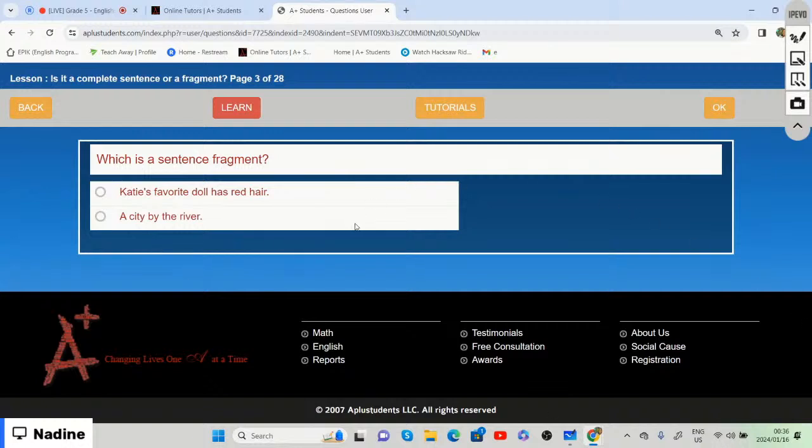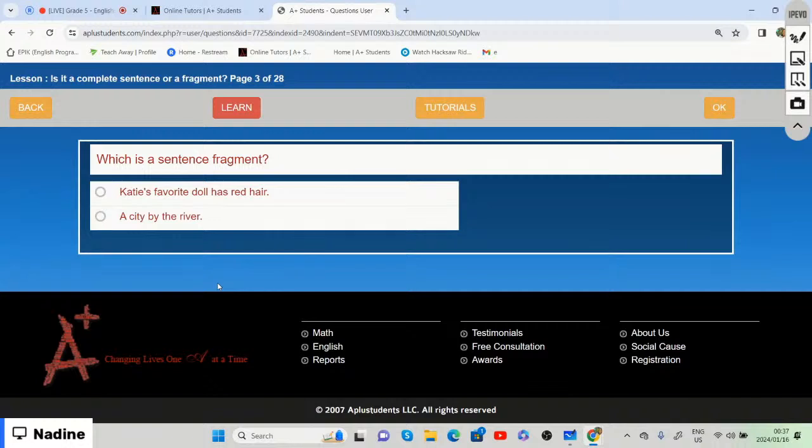All right, so if we choose the correct sentence, remember we said a sentence fragment does not express a complete thought, which means that it's either missing a subject or it is missing a verb.